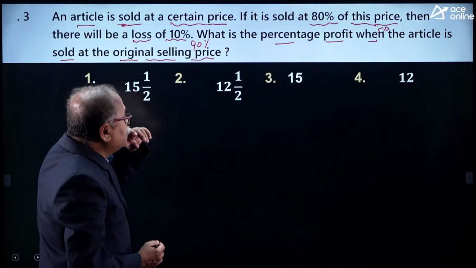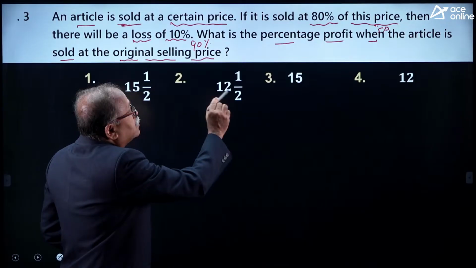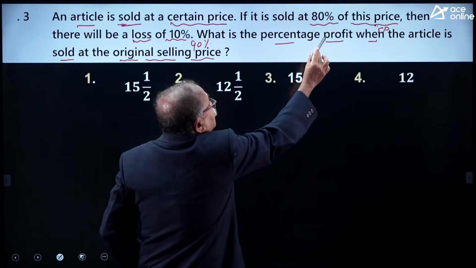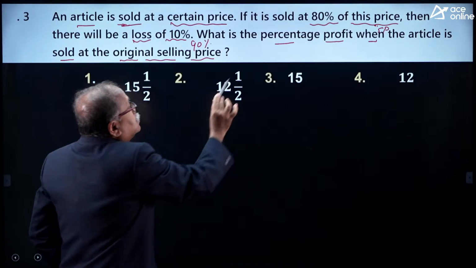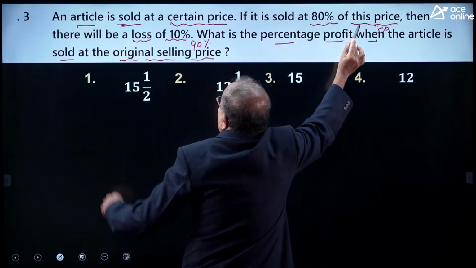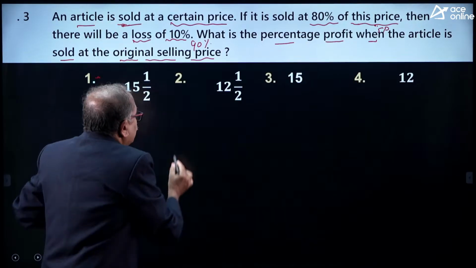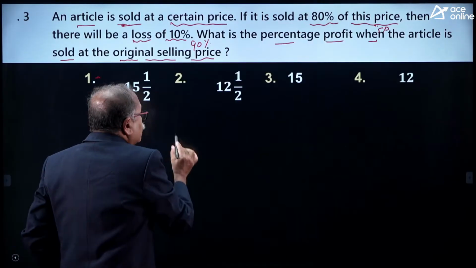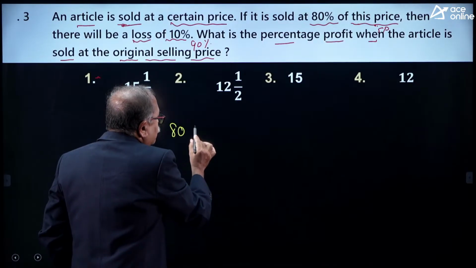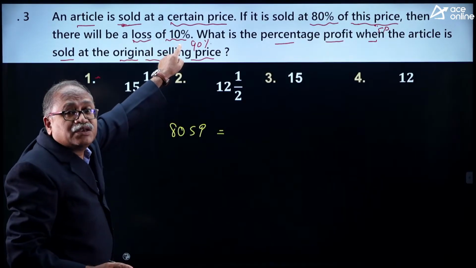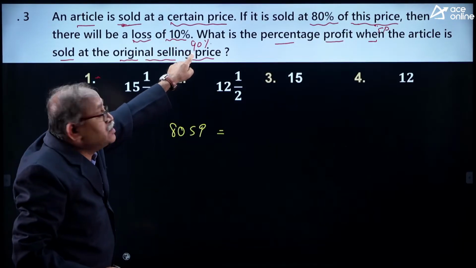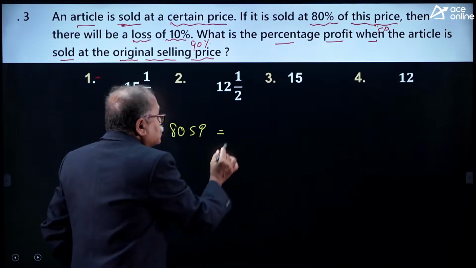So, what we are going to do over here is that this is 80% of the selling price. Sold at 80% of this price means selling price. So, I can write the direct equation over here. The 80% of selling price is equal to, in that case, 10% loss. That means selling price is equal to 90% of the cost price.